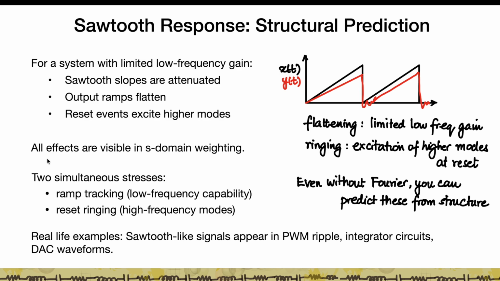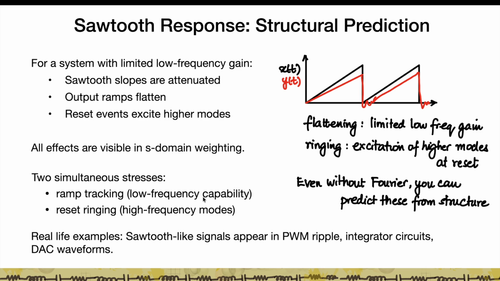If the system has limited low frequency gain or cannot track the ramp well, the sawtooth output will have a reduced slope and increased lag, meaning the ramps flatten. At the reset, because the input changes suddenly, the system sees a sharp change, which excites faster modes. This can produce ringing or spikes, depending on the pole location and zeros.